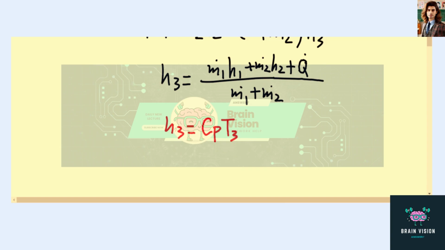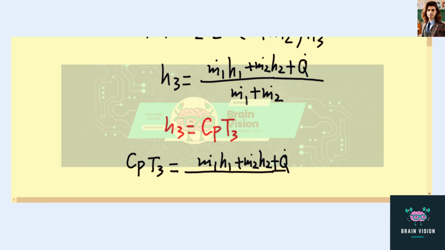So we have CpT3 equal to M1 dot H1 plus M2 dot H2 plus Q dot, over M1 dot plus M2 dot.